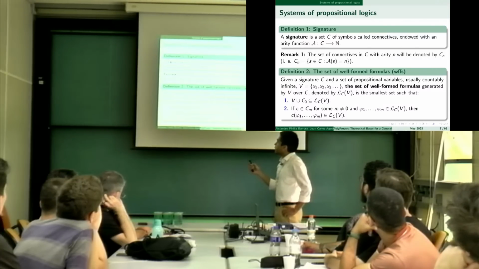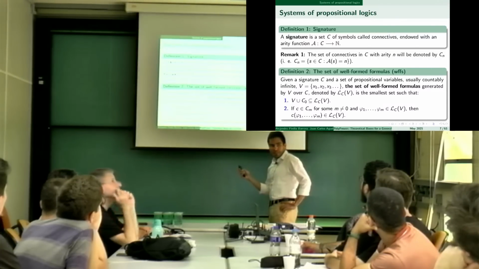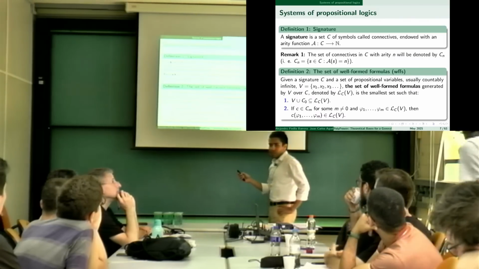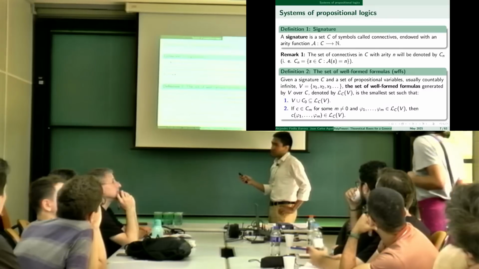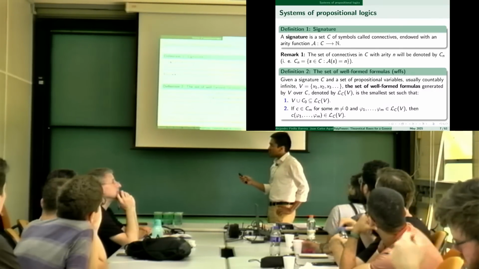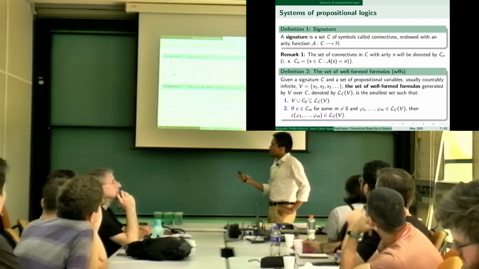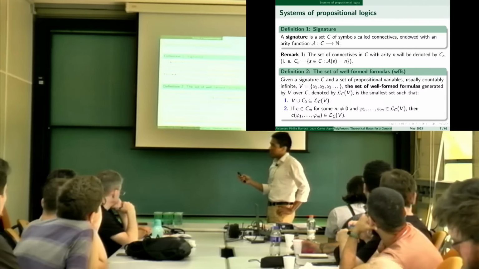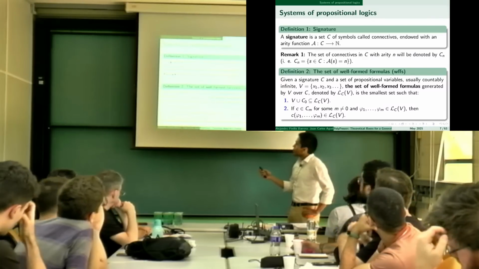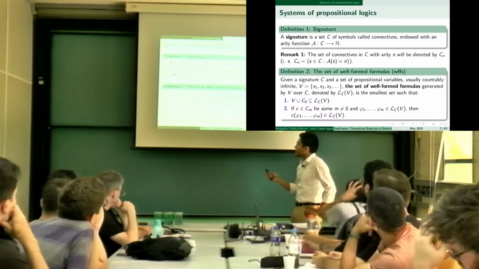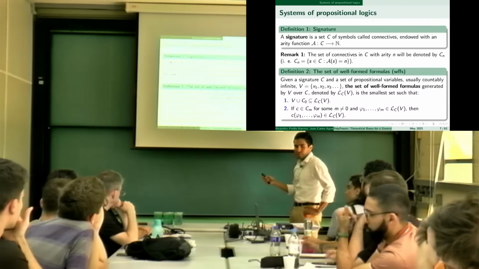And we can define the set of well-formed formulas inductively, the base step being the propositional variables and the connectives with arity 0. And then the inductive step is just if we have a connective with arity m distinct to 0, then the application of this connective to a group of formulas is also in the set of well-formed formulas, okay?